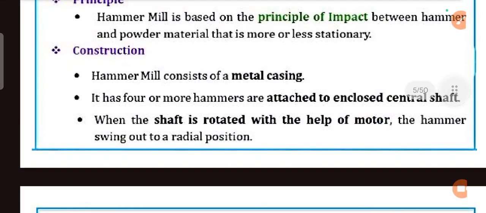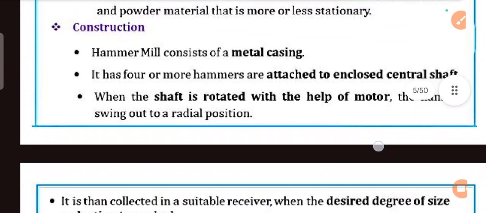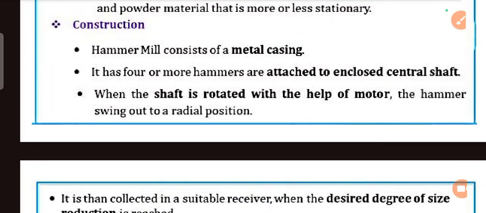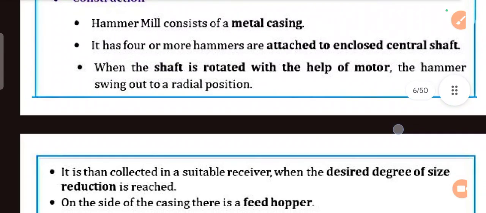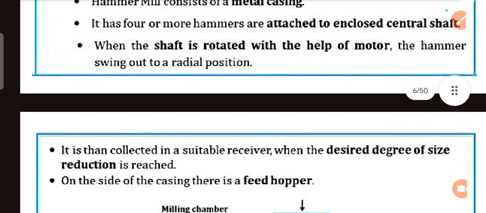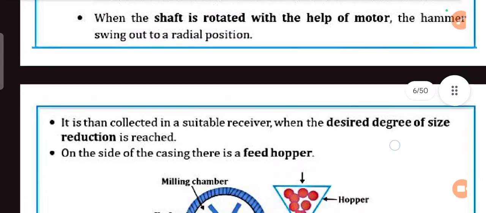Hammer mill consists of a metal casing. It has four or more hammers attached to an enclosed central shaft. When the shaft is rotated with the help of a motor, the hammers swing out to a radial position.